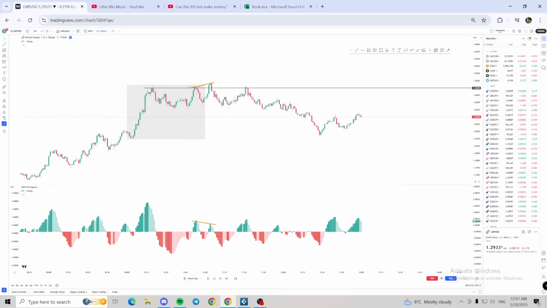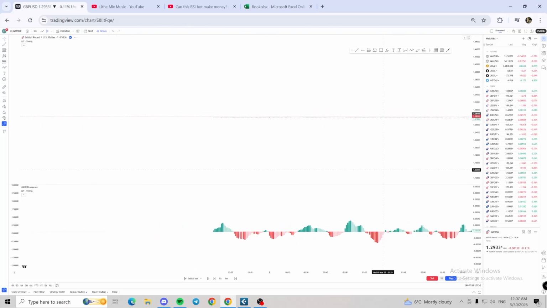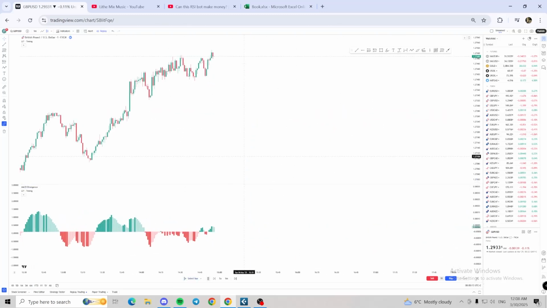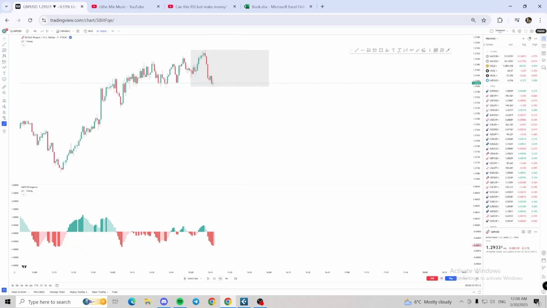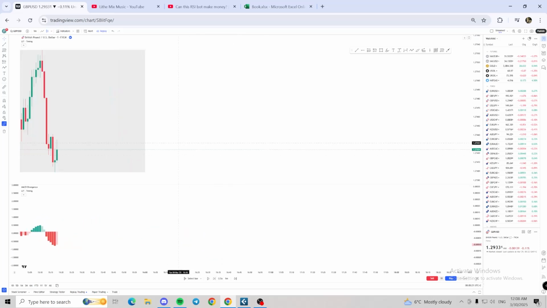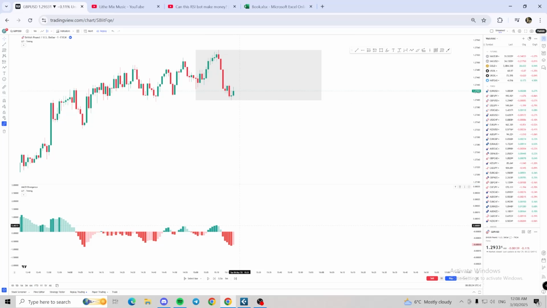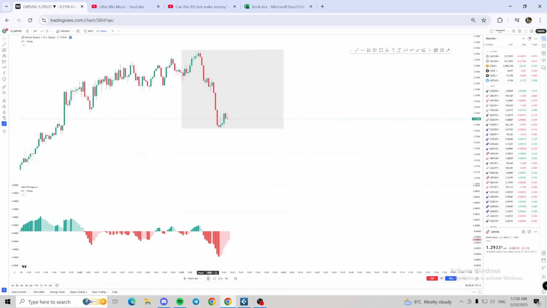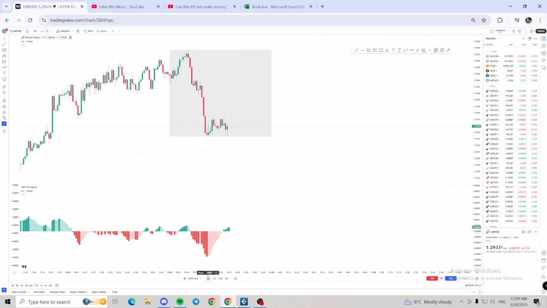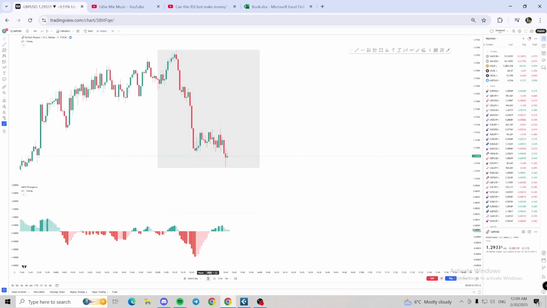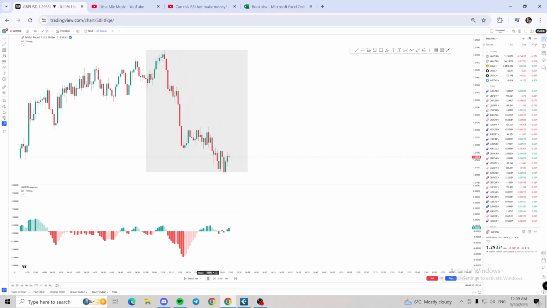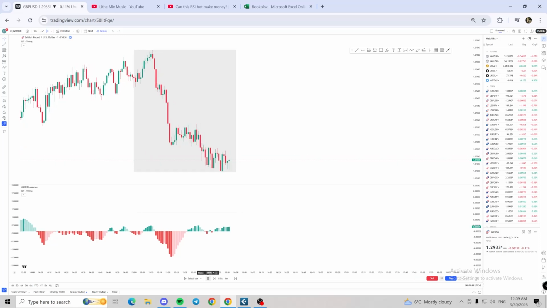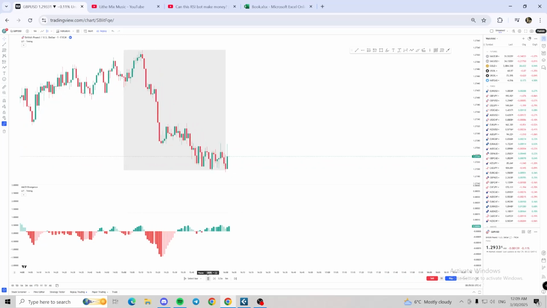So let's go to the next one. Oh, it's too fast. I'm sorry. What happened? So this high is higher, so no divergence yet. Okay, so no trade again.